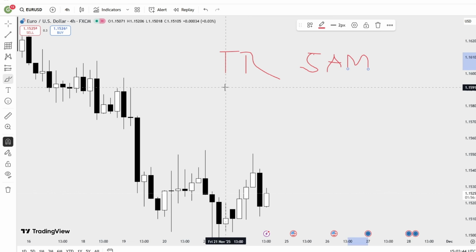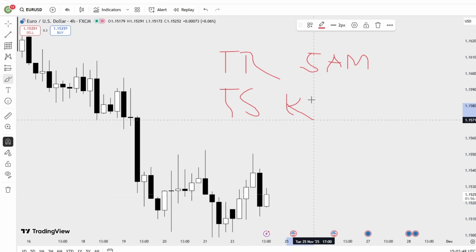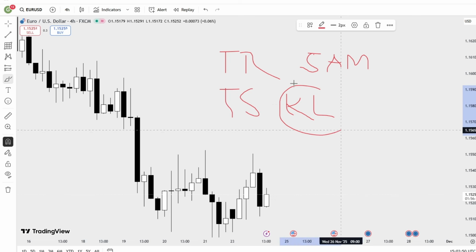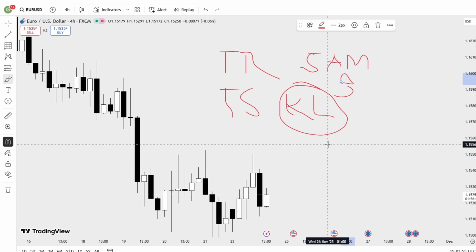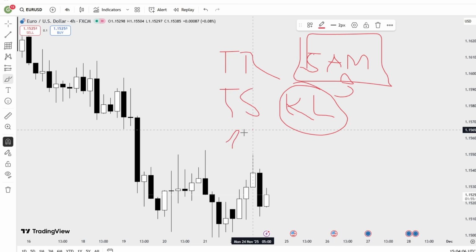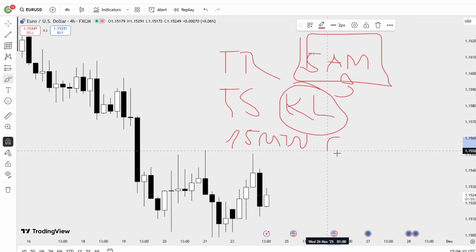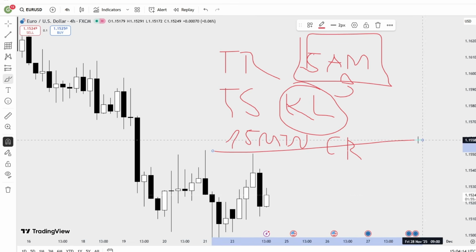And then we have the turtle soup of the key level, which is the 5 a.m. range, so it has a purpose to be this 5 a.m. So we have the key level, and after the key level, we have the 15-minute CRT, or candle range, okay? 15-minute candle range.